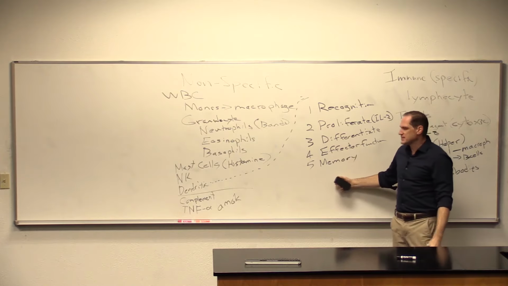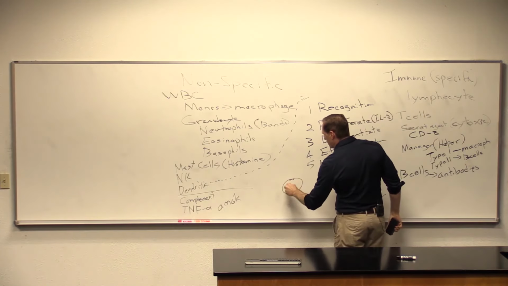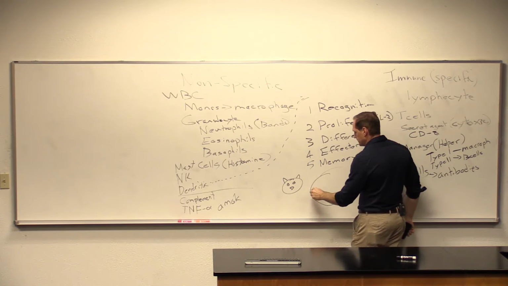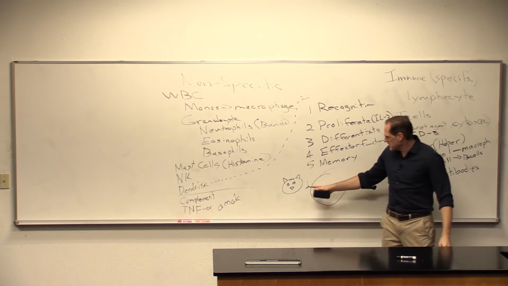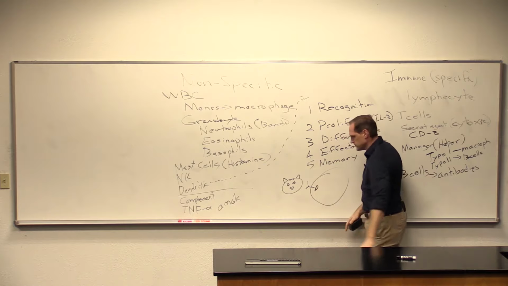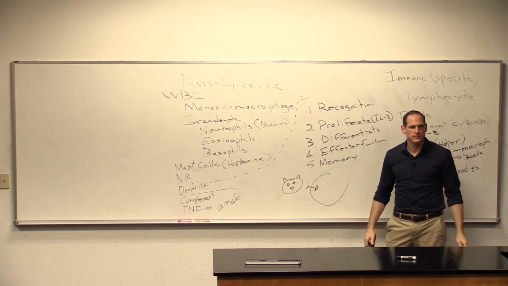Now, with a B cell, it's a little bit different. So let's imagine for a moment that we have our little viral cell here, multivalent. And here we have our giant B cell. Now, this B cell recognizes ears. So if it binds to an ear, what's it going to do?